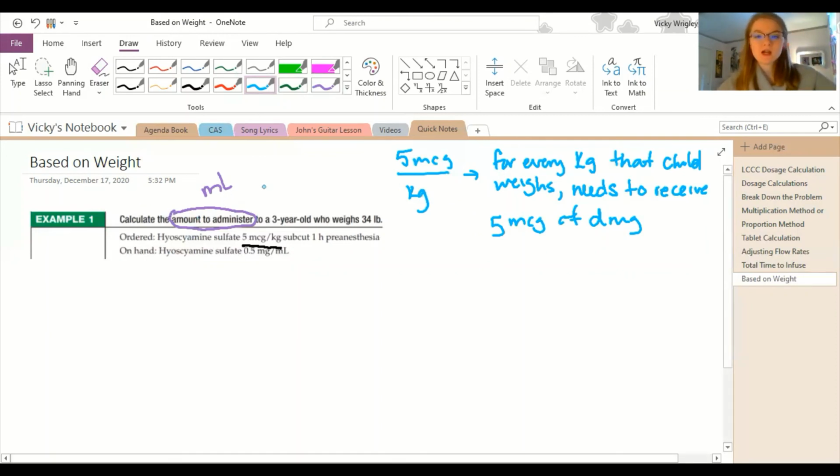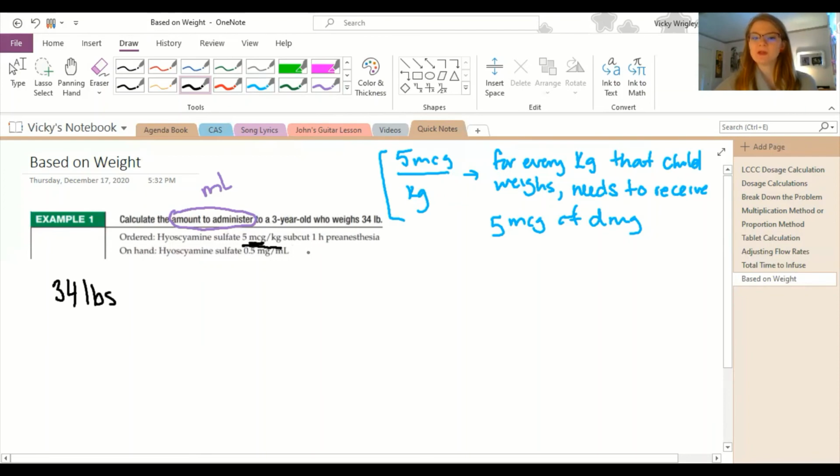So the child weighs 34 pounds, and the weight is going to determine how much medicine the child is going to receive based on our conversion factor here. So 34 pounds is what we're starting with. We need to eventually get this to how much of the drug the patient needs to receive, which first we'll do in micrograms here.